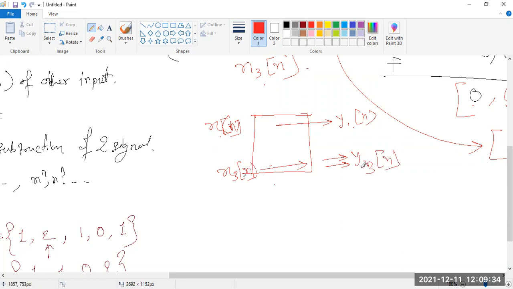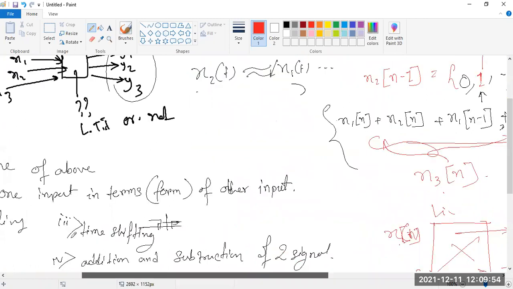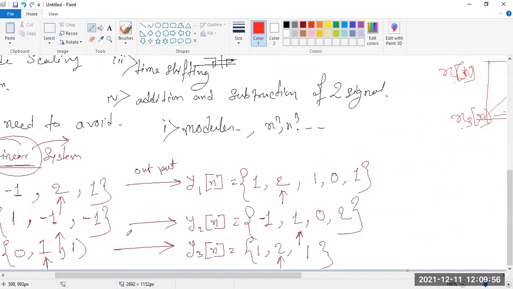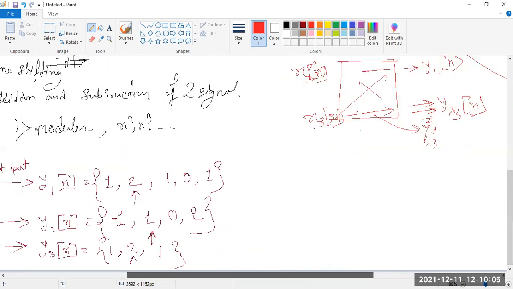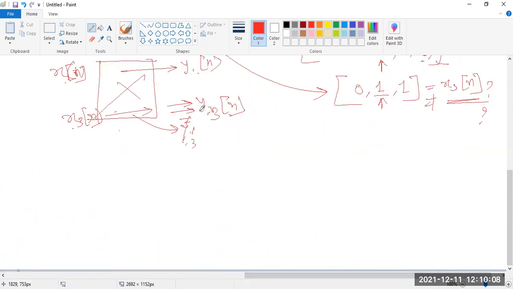If I apply x3n and we get another term, say y dash, that is not equal to y3, then our system is not time invariant. It will be time variant. They first told that it is a given linear system. For the linear system, you have to know whether this system is exactly linear and time invariant or time variant. So we have to examine this.